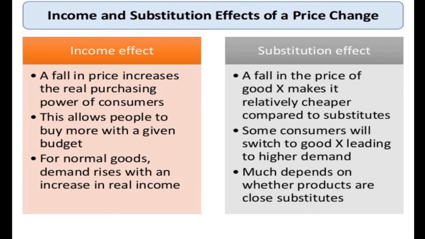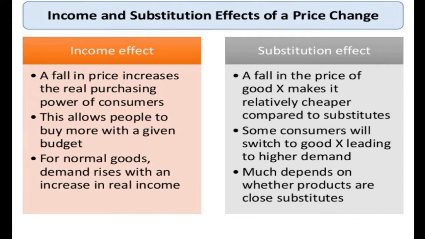That means when the price of the commodity falls, it leads to an increase in the purchasing power of the consumer, and that increased purchasing power is the real income effect.